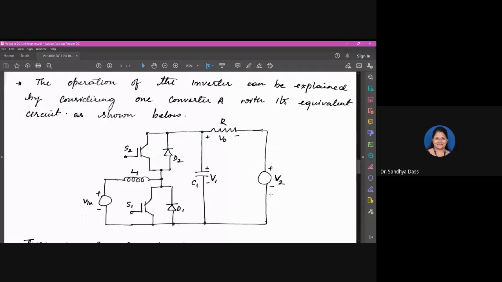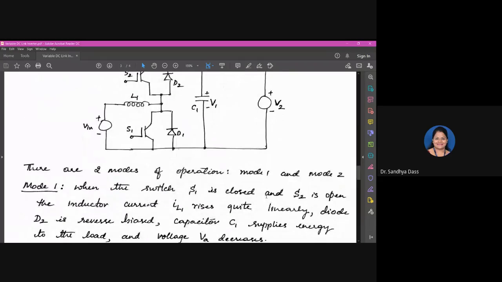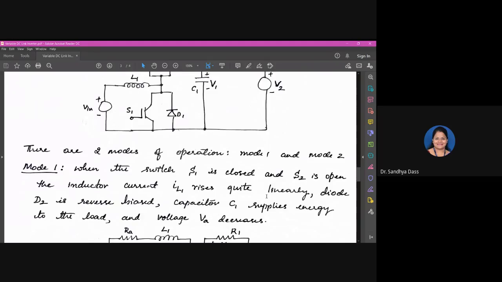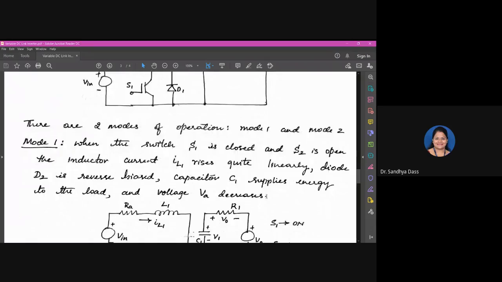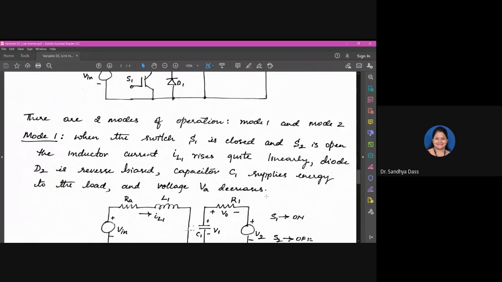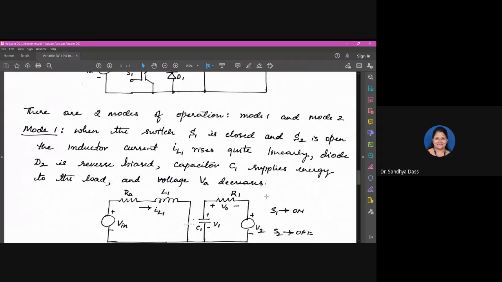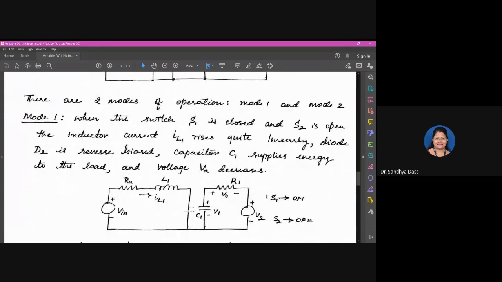All right, let me move on. So there are two modes of operation here, mode 1 and mode 2. In mode 1, observe here, when the switch S1 is closed and S2 is open. That means switch S1 is on and S2 is off. So the inductor current IL1 rises linearly.